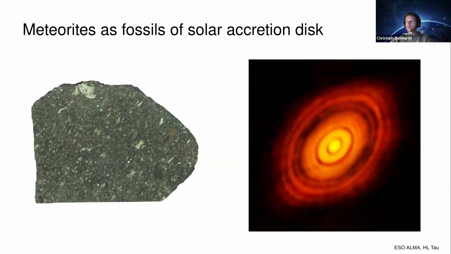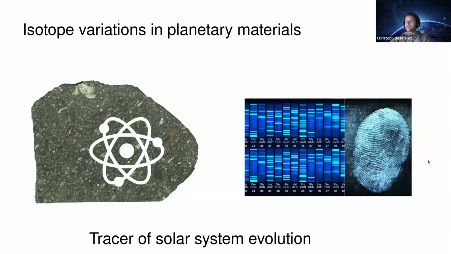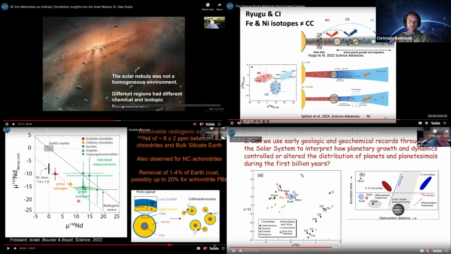But what we will do today is look at isotope variations in meteorites and use these isotope variations as a fingerprint or as a genetic tracer to investigate solar system evolution. And just to make the point that this is used all over, I looked into the previous Ed Scott lectures, and although they talked about very different things, all of the lectures so far had slides in them that talked about isotope anomalies.